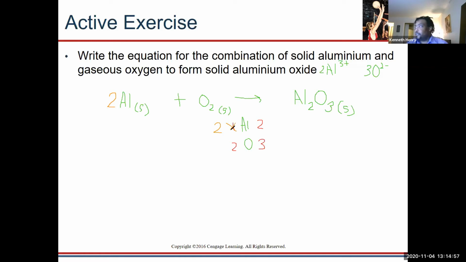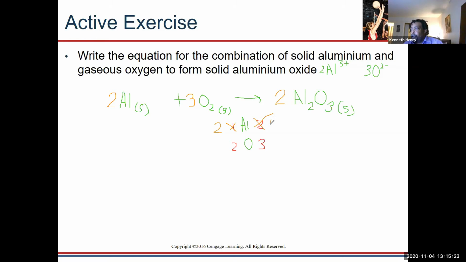The aluminum are good. Okay, what about the oxygen? Would we multiply it by 3 on the reactant and then by 2 on the product side? So then I do 3 for my coefficient here, and then 2 for my coefficient here. So that means I have to change my aluminum, right? Oh, okay.